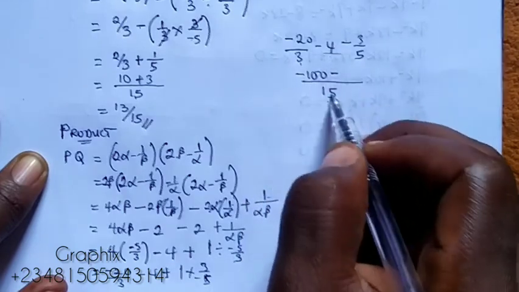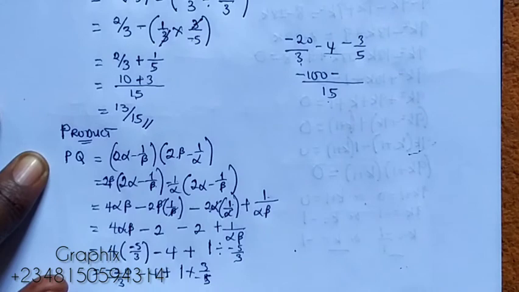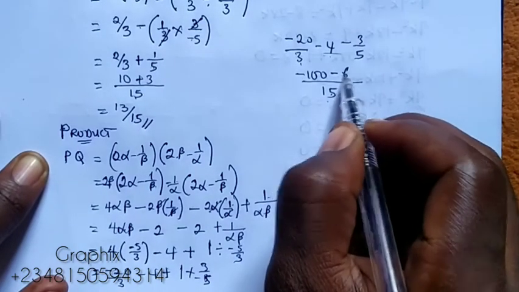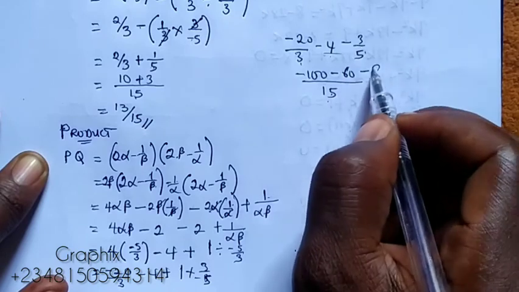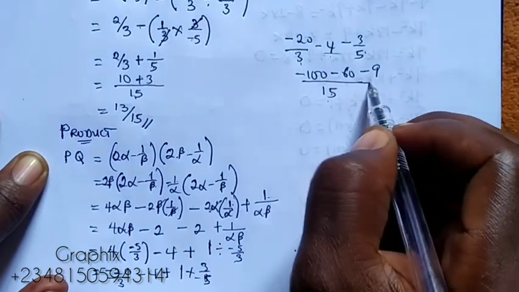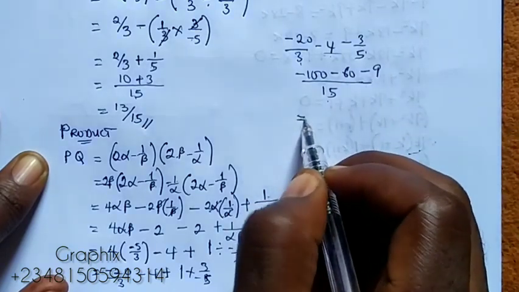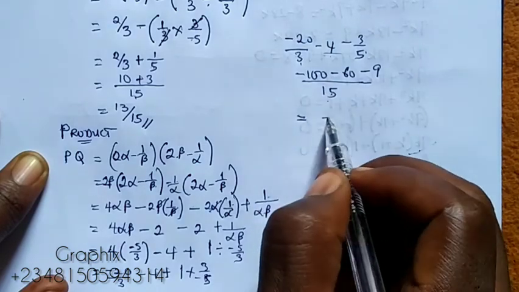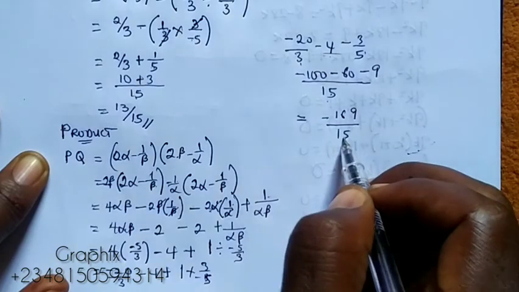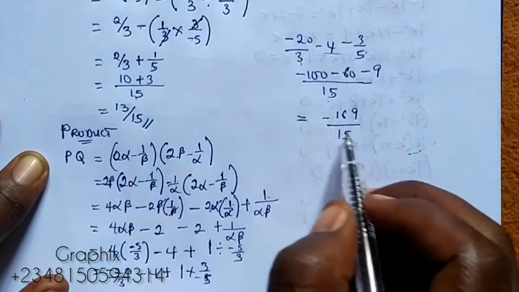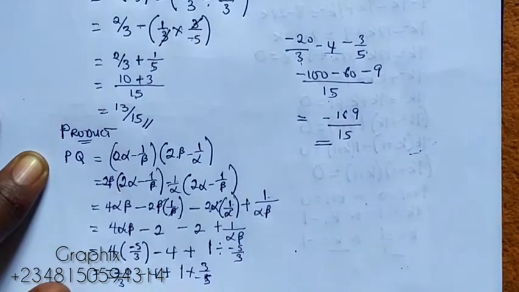Minus 1 in 15 is 15. 15 times 4 is 60. Minus 5 in 15 is 3. 3 times 3 is what? 9. So in the long run, we should be having minus 169 all over 15. So this is the product of both of them, right?